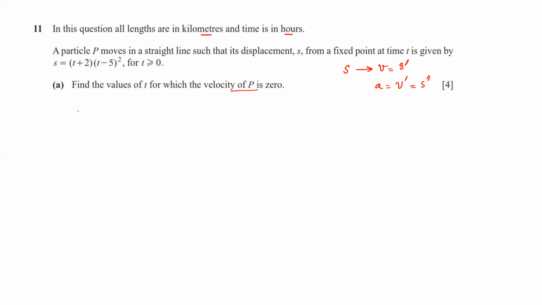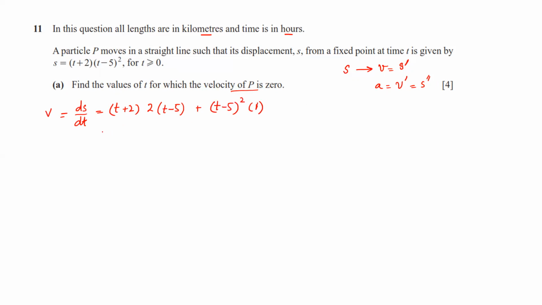So first of all, find ds by dt, and this is equal to velocity. First function as it is, derivative of second, that will be 2t minus 5, plus second function as it is, derivative of first.